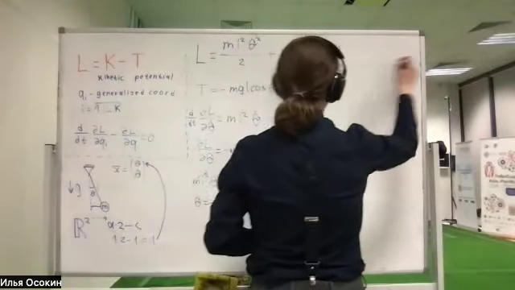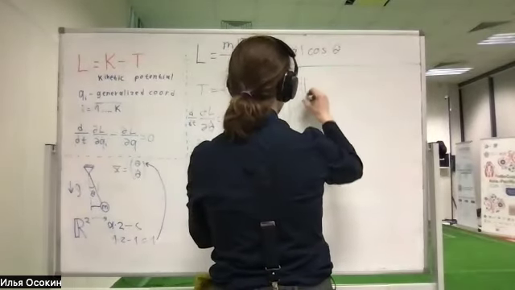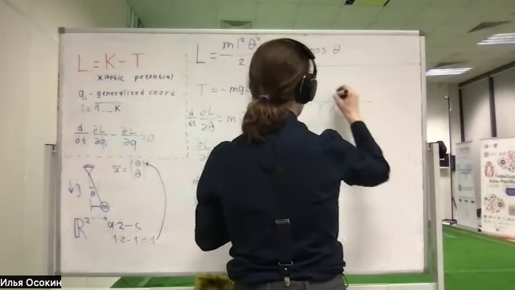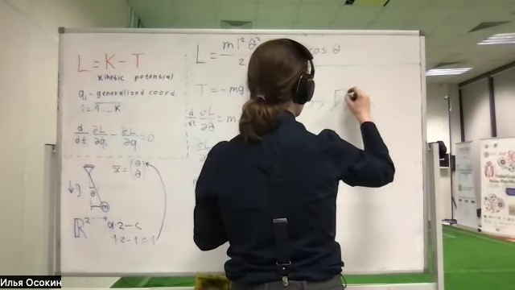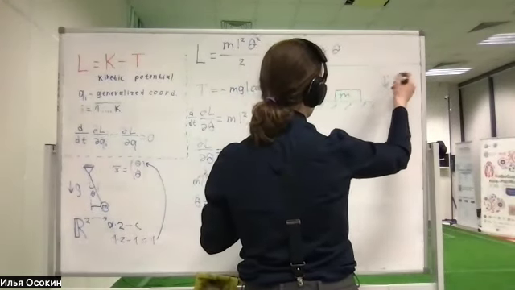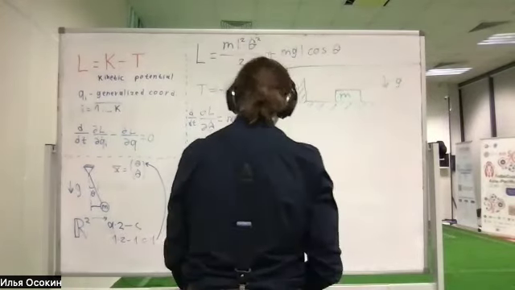And here comes the home assignment. So let's consider a different pendulum. It will be a pendulum with a spring. Here's the mass. And well, we have the gravitational force, but it's not doing anything, so let's skip that.